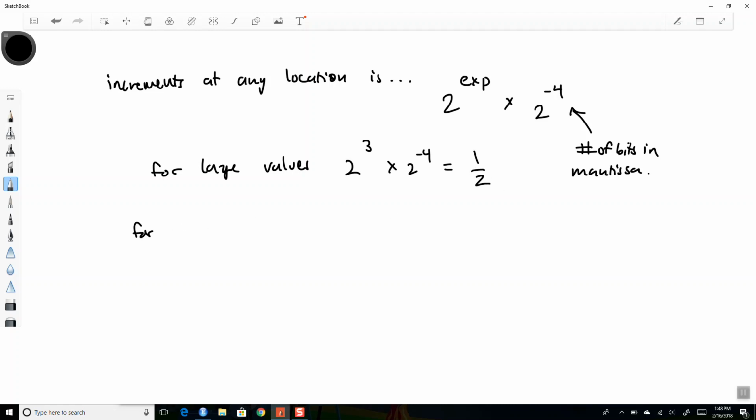And then for values where the exponent is 2 to the -2, then it's 2 to the -2 times 2 to the -4, which is 2 to the -6, which is equal to 1/64. Okay, so these are our small values, and you know the next increment. So it's whatever 2 to the exponent times 2 to the negative number of bits in your mantissa.